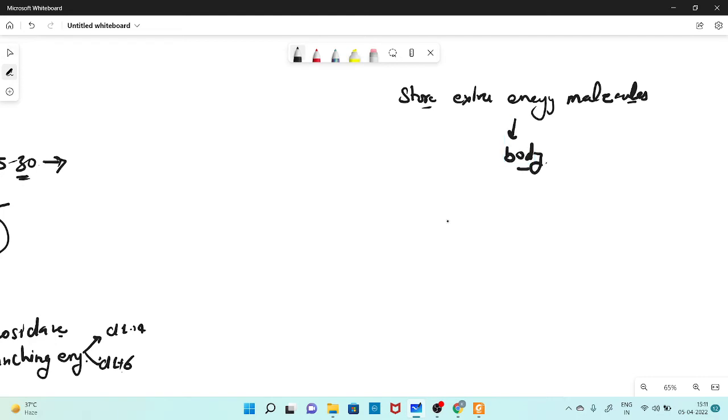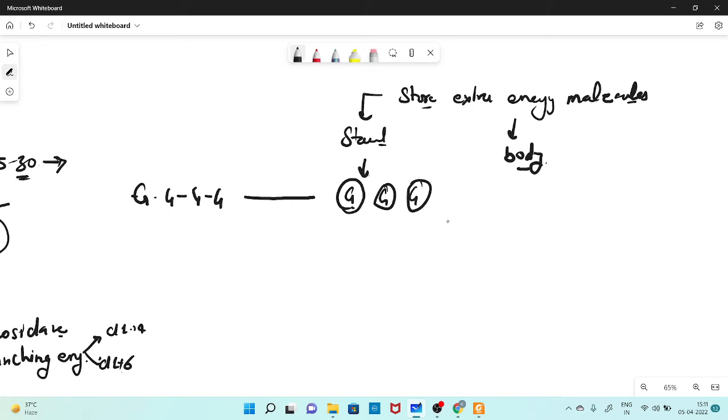How? As I told you, you consume the starch, and it gets degraded again into the simplest sugar units. The simplest sugar units will become glucose, forming a glucose carbon chain like this one.